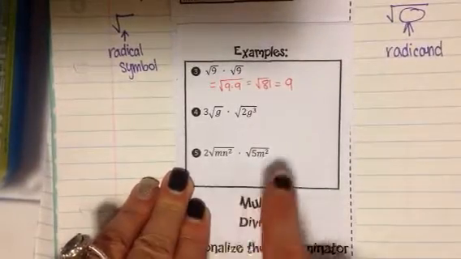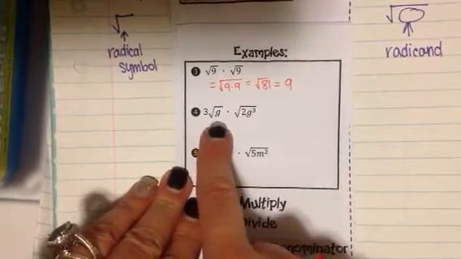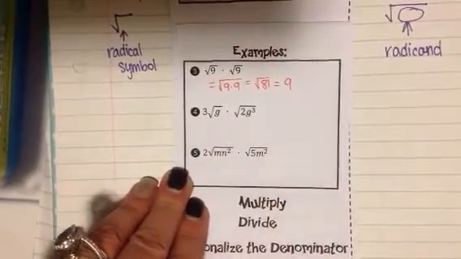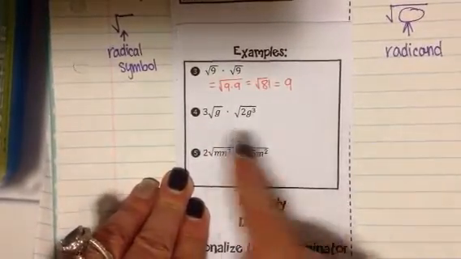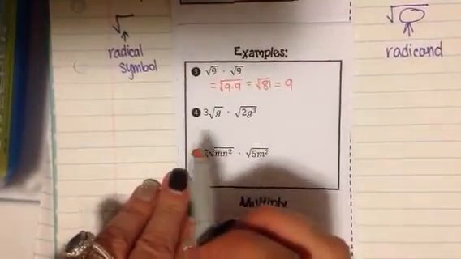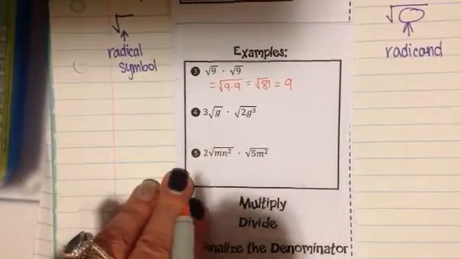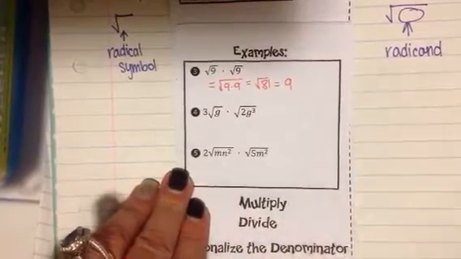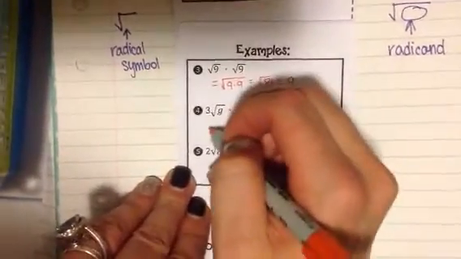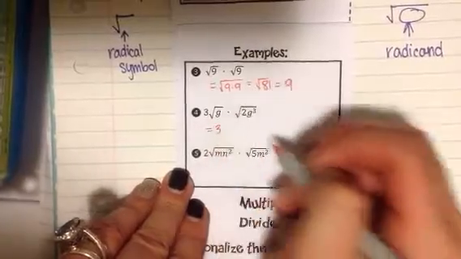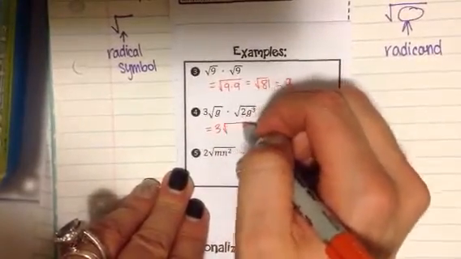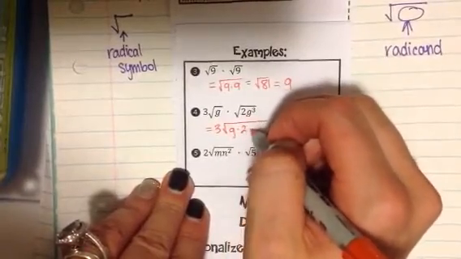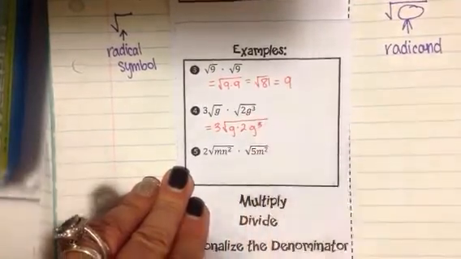Take a look at example 4. So now we have 3 times the square root of g times the square root of 2g cubed. Well, we can go ahead and put this all together. Anything that's on the outside is going to stay on the outside, and anything on the inside will now be grouped under one big radical symbol. So I've got a 3 on the outside, and I'm going to keep that 3 outside, and then I'm going to put inside this g times 2g cubed.